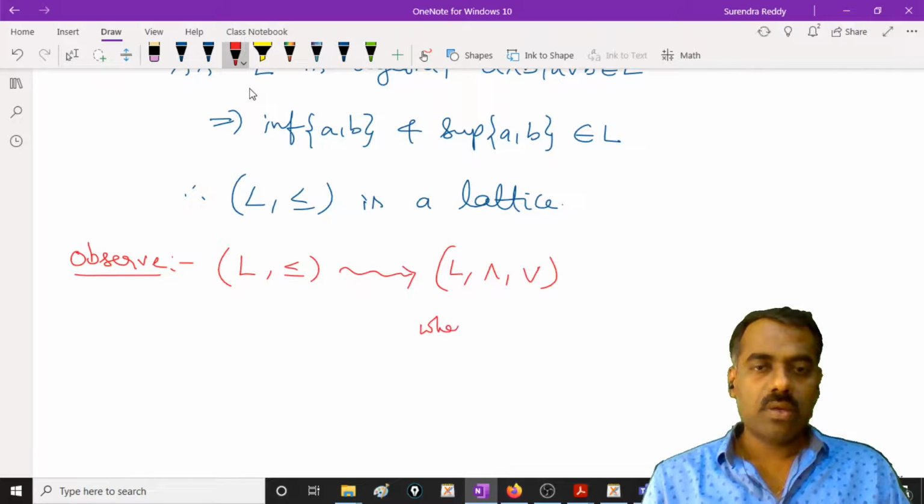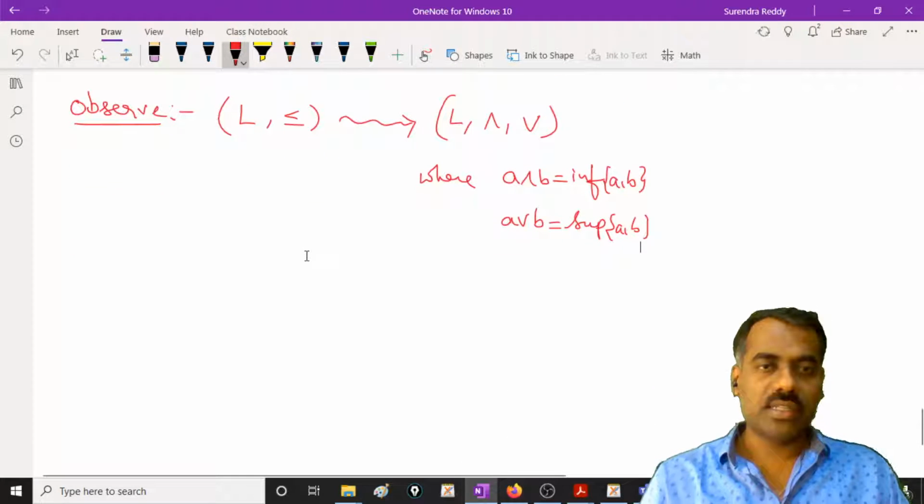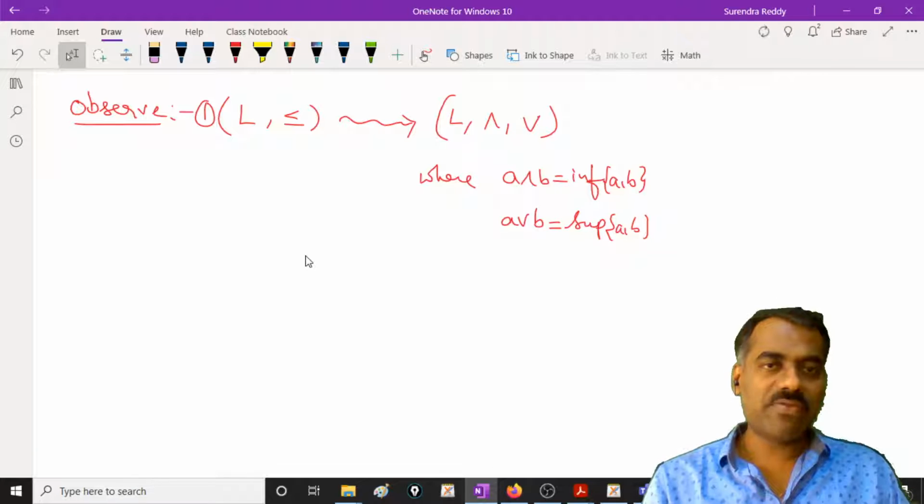Where A meet B is defined as the infimum of A comma B, and A join B is the supremum of A comma B. This is the first observation. That means you are getting a lattice as an algebra from a lattice as a poset. That is our first result.